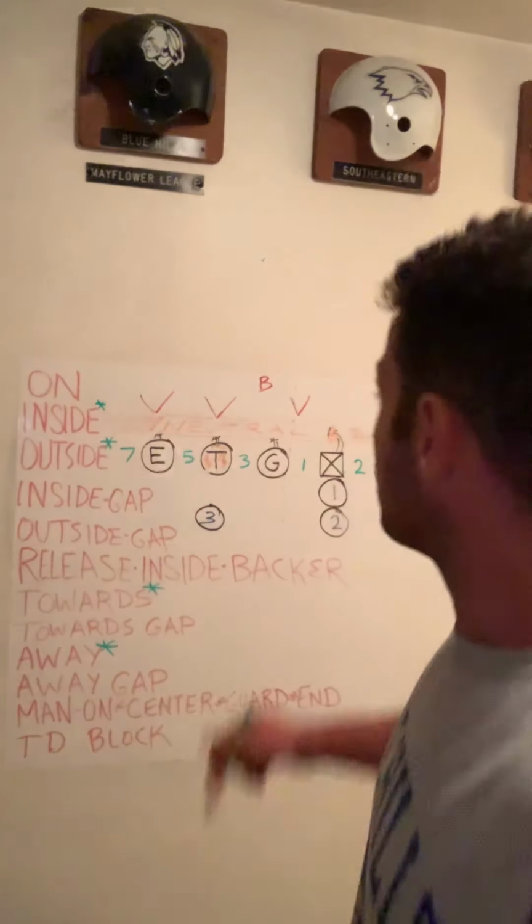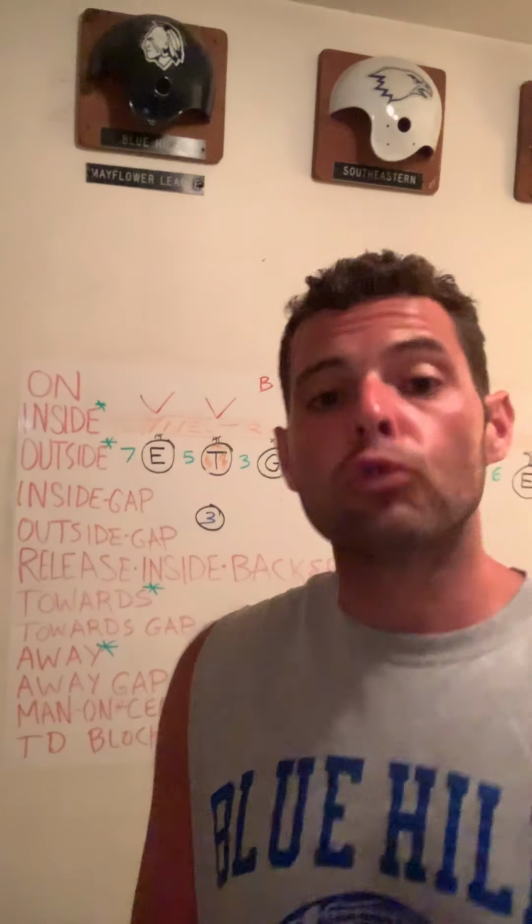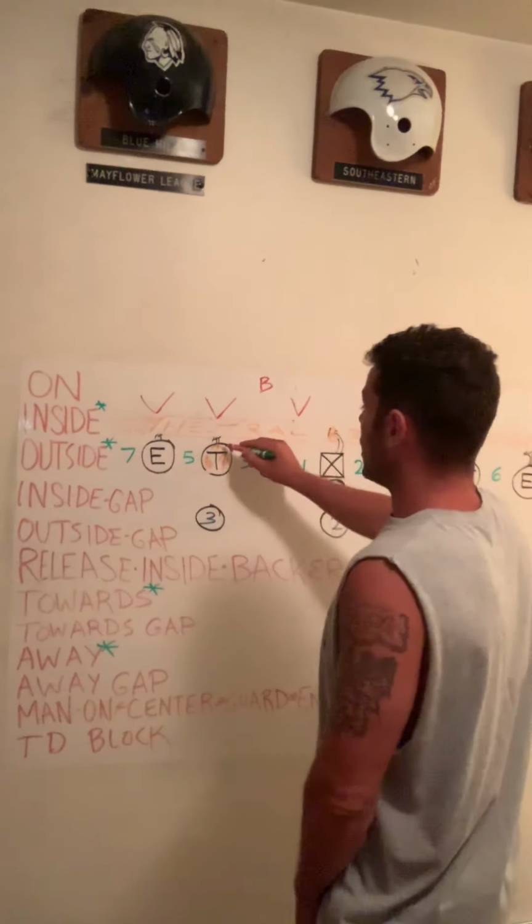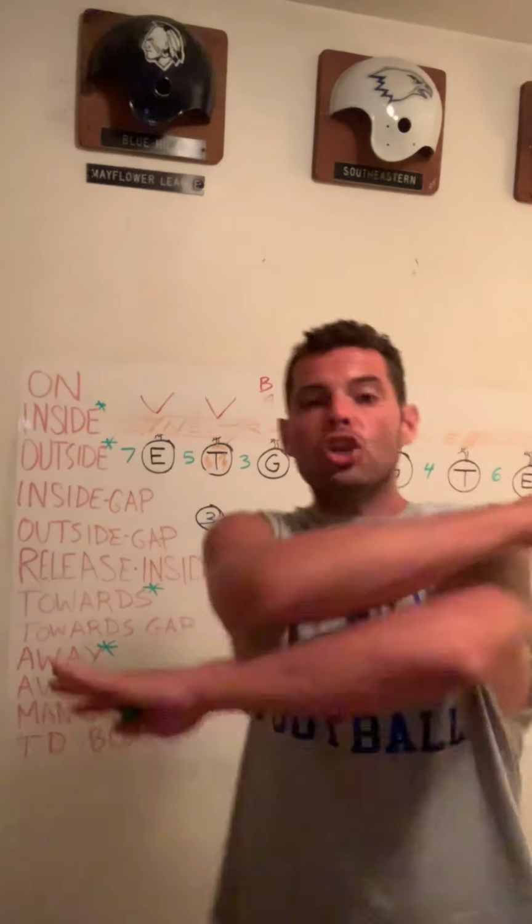Confirm. Is he beyond a full man away from you? If you think yes, then you go to the comma. Remember, the rule is inside, backer. Now you're going to go to the backer because you don't have a man inside you.